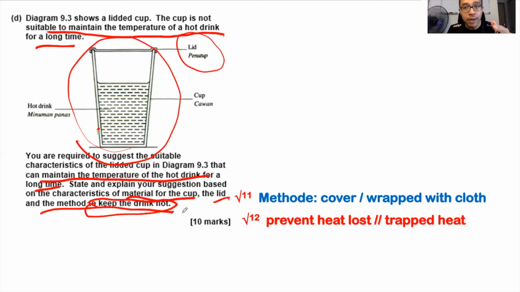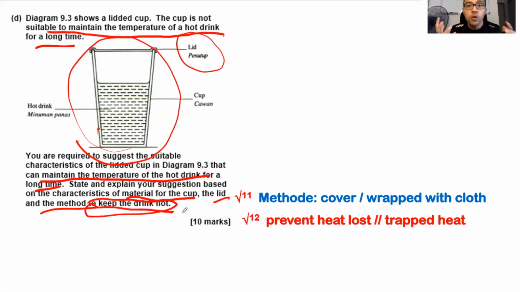Now bear in mind that we are still in this subtopic of specific heat capacity. So you have to bear in mind that small specific heat capacity means it gets hotter faster and it gets cooler faster. Big heat capacity means it gets hotter slower and it cools down slower also.